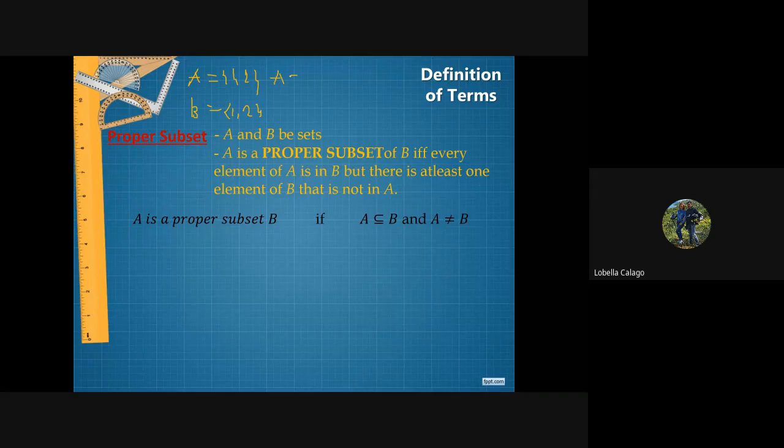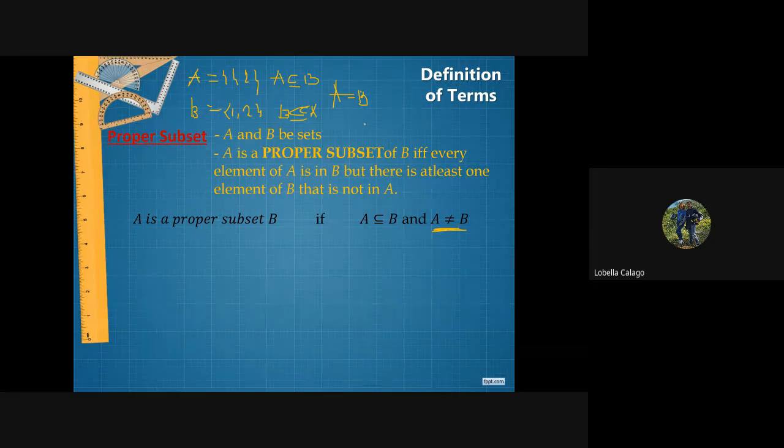Since A is a subset of B and B is a subset of A, this means that A is equivalent to B. But remember, since they are equivalent, A is just a subset of B, but not a proper subset. Subset siya, pero not proper. Kasi ang proper subset daw, dapat hindi parehas or equivalent ang A and B.